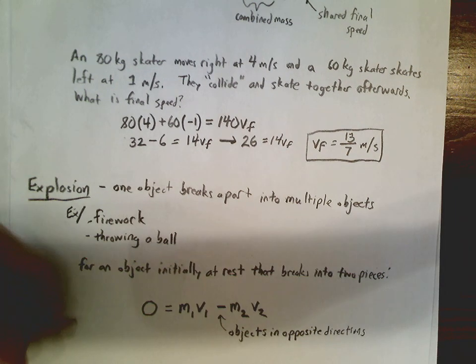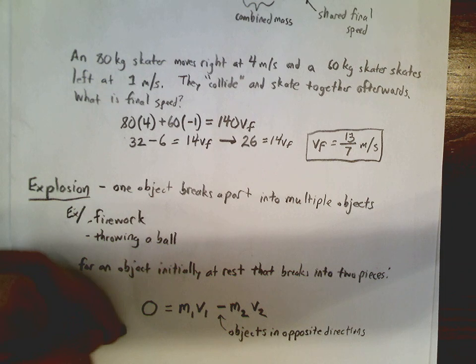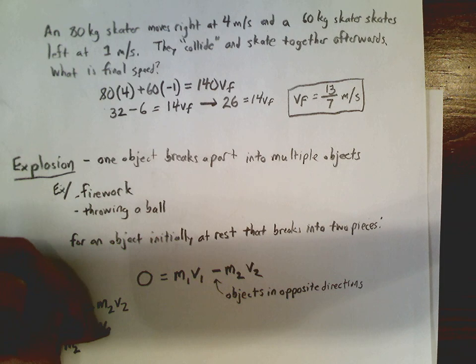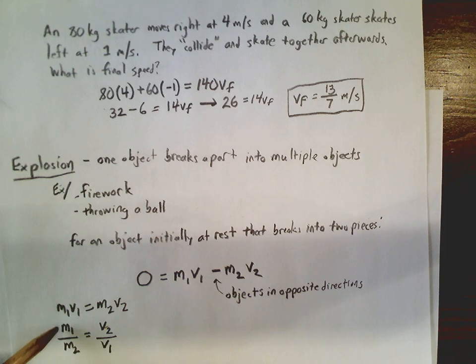You can rearrange this to get m1 v1 equals m2 v2, and therefore m1 over m2 is equal to v2 over v1. If the object is heavier over here, m1, the other object, object 2, needs to be going faster to make that happen. So that's what we can expect from an explosion.